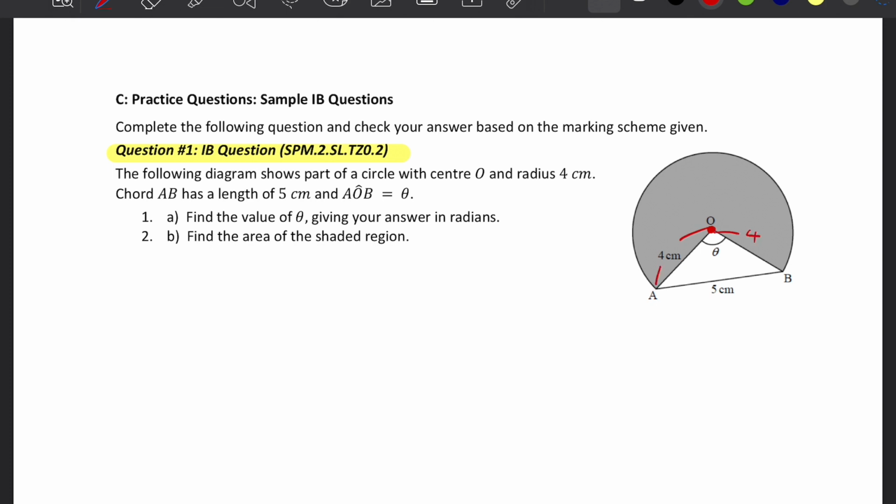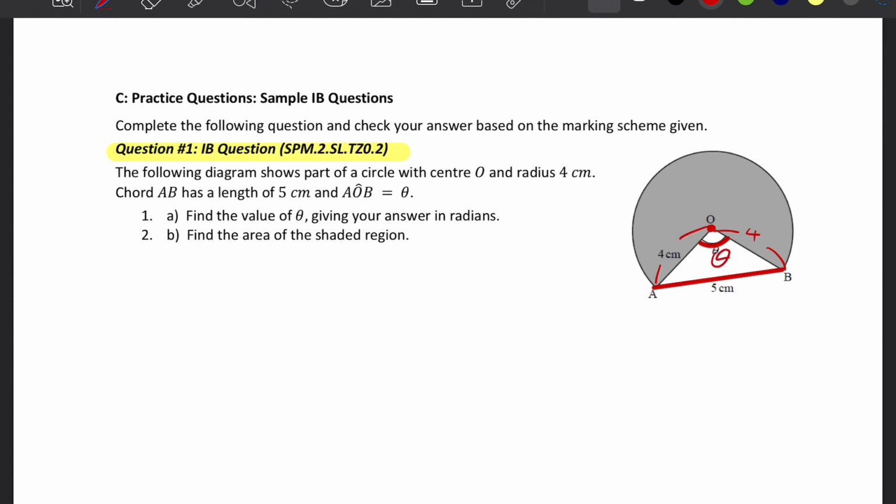That means this side is also 4, and we have a chord AB with a length of 5 centimeters, and the angle between them is theta. In question A, we need to find the value of angle theta and give our answer in radians. So let's try to find the angle first.